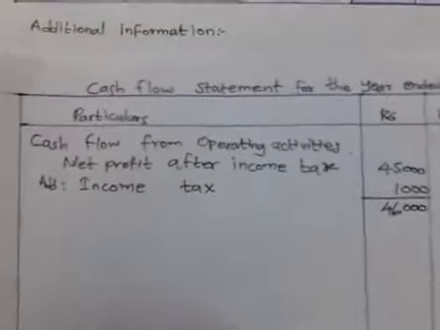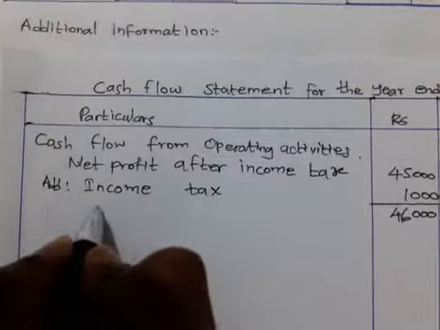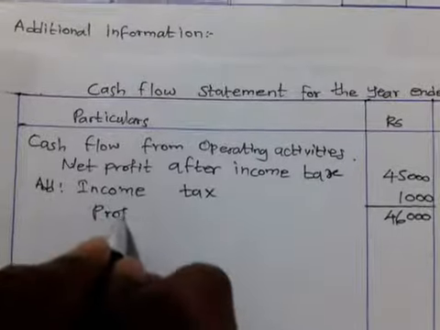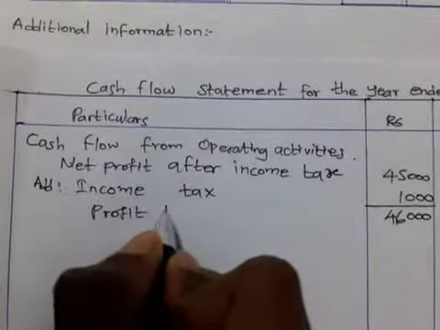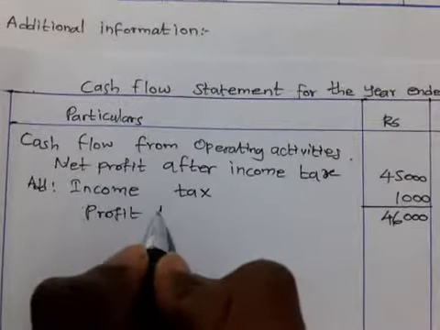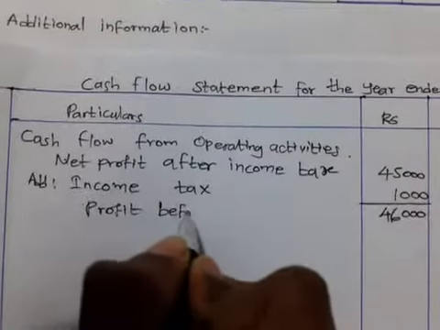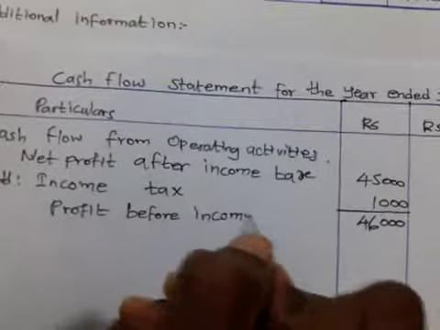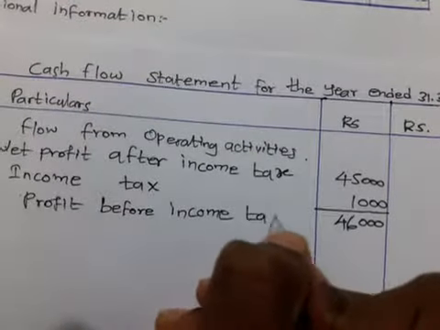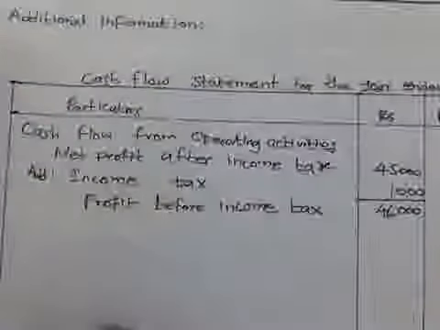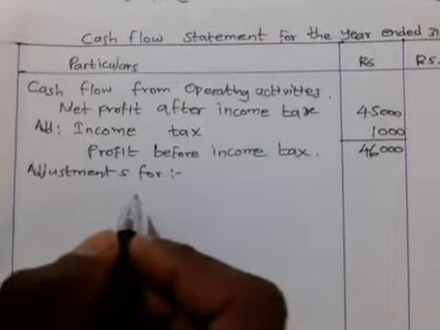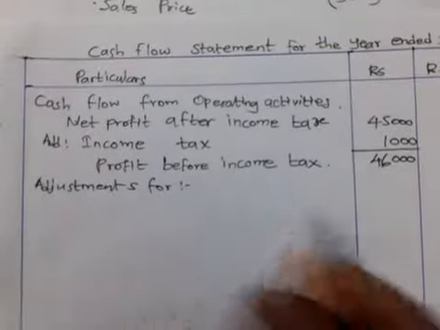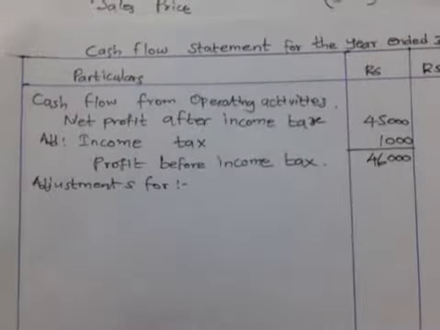So we will get the amount profit before income tax. So we have to add the loss on sale of machinery with the profit before income tax.